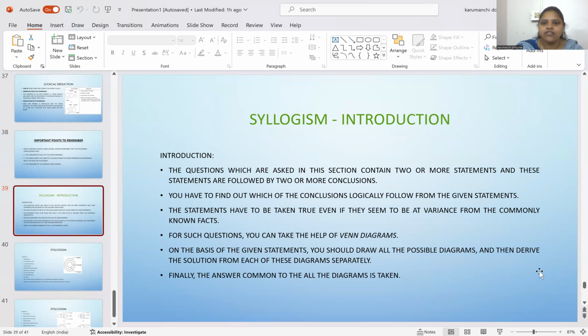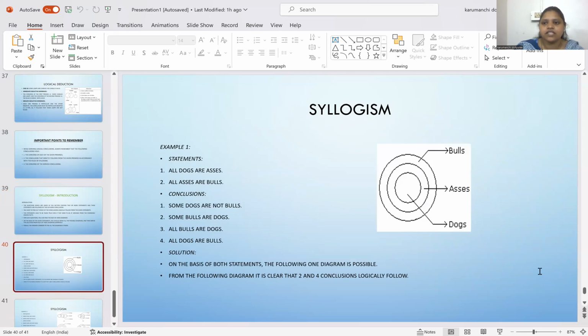We have to find which conclusion logically follows from the given statements. The statements have to be taken as true even if they seem to be at variance with commonly known facts. If we take the help of Venn diagrams, we should draw all the possible diagrams based on the given statements, derive the solution from each diagram separately, and finally take the answer common to all the diagrams.